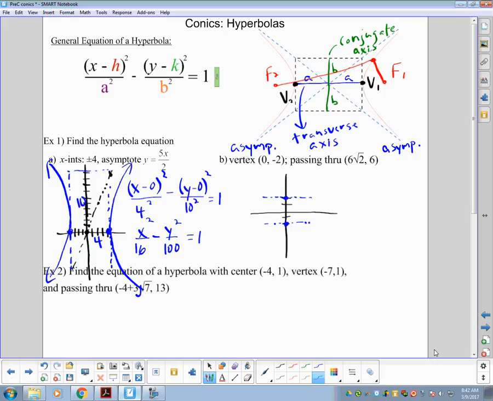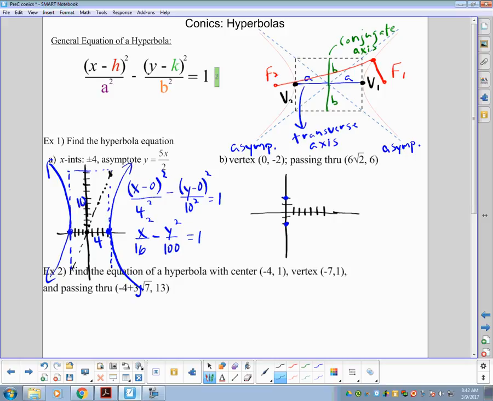Now it says it passes through the point (6 root 2, 6). So, 6 root 2. 2, 3, 4, 5, 6. 6 root 2 is going to be about 6 times 1.3 is 6, plus 1.8 is 7.8.